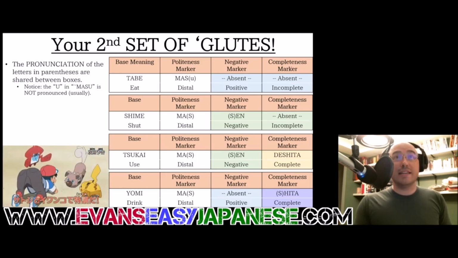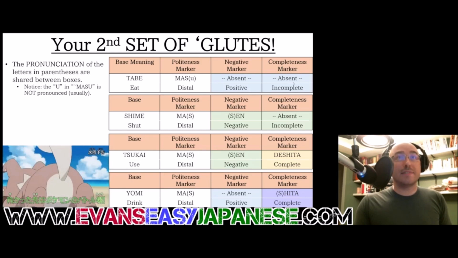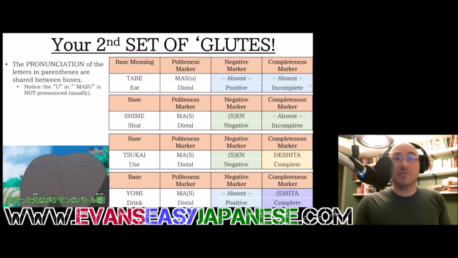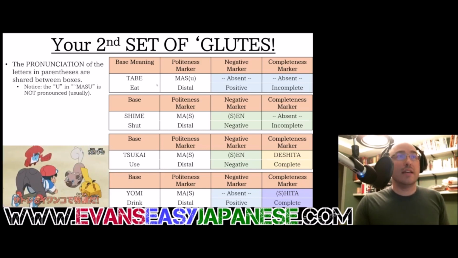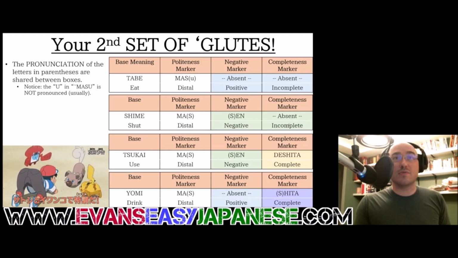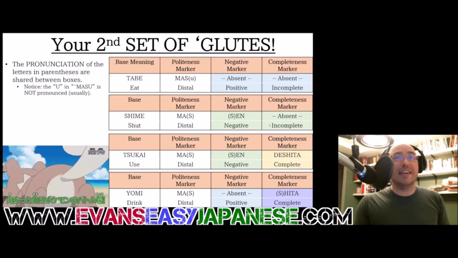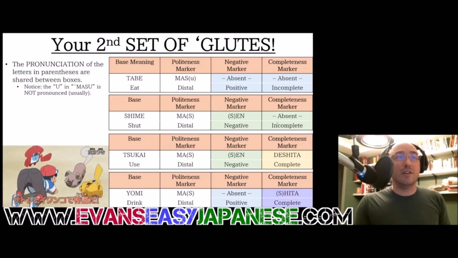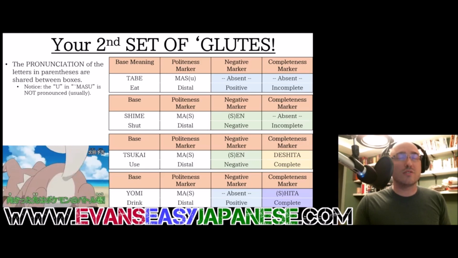And then the completeness marker up here, absent. So tabemasu, we're done. To eat. I will eat or I do eat. Shimemasu, the completeness marker is again going to be absent, so it's going to be incomplete. Shimemasu, but it's going to be negative. Shimemasen. I won't close or I would not close. I do not close or I will not close.